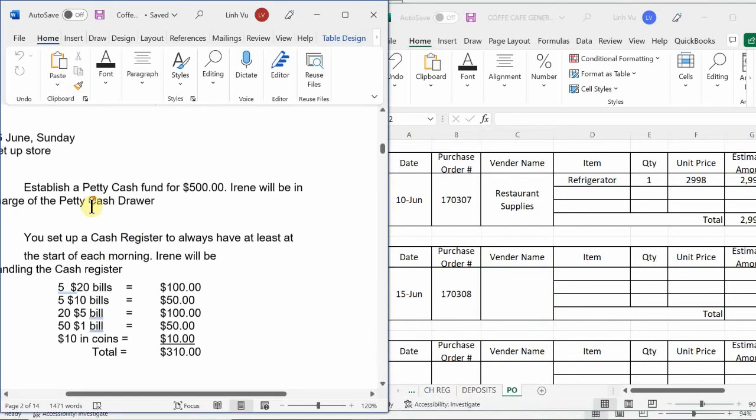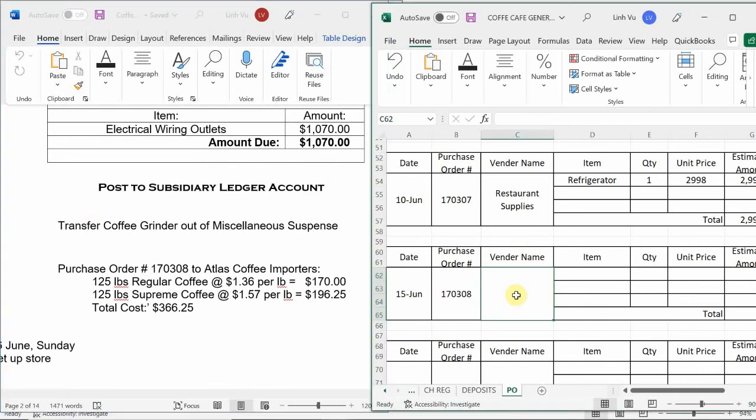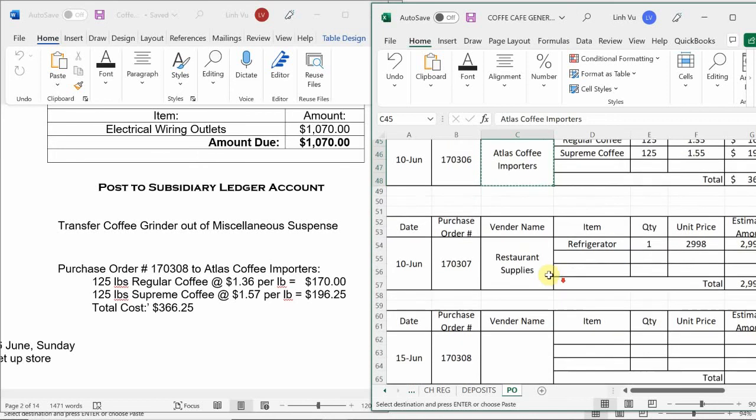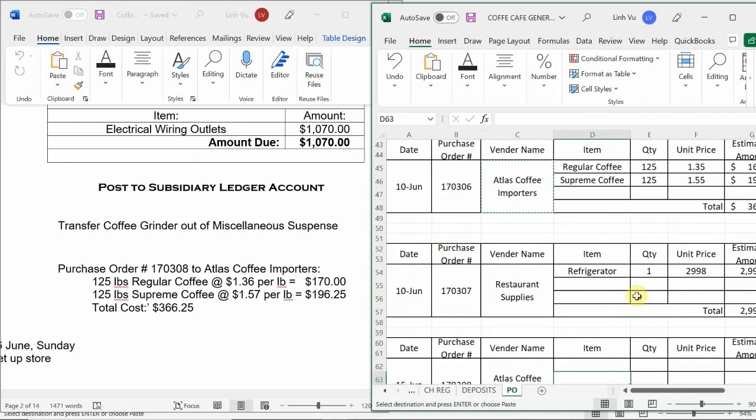Regular coffee, 125 pounds. Who are we ordering this from? Atlas Coffee Importers.